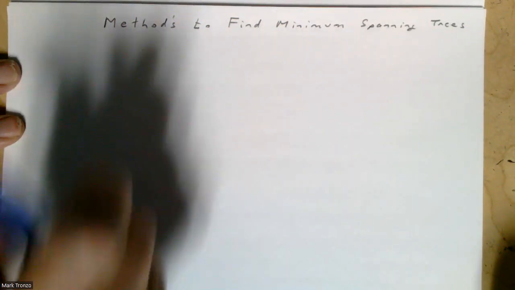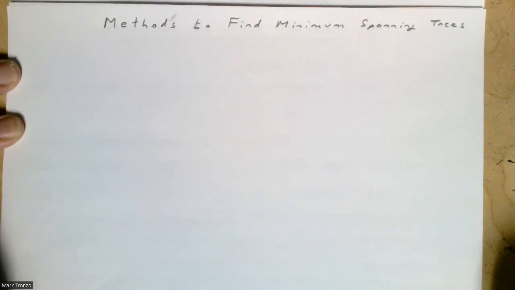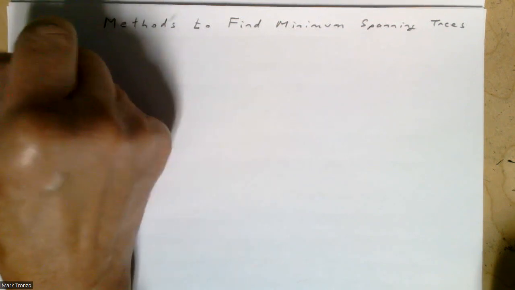It's a method to find minimum spanning trees. And one that we're going to consider is called Kruskal's algorithm.